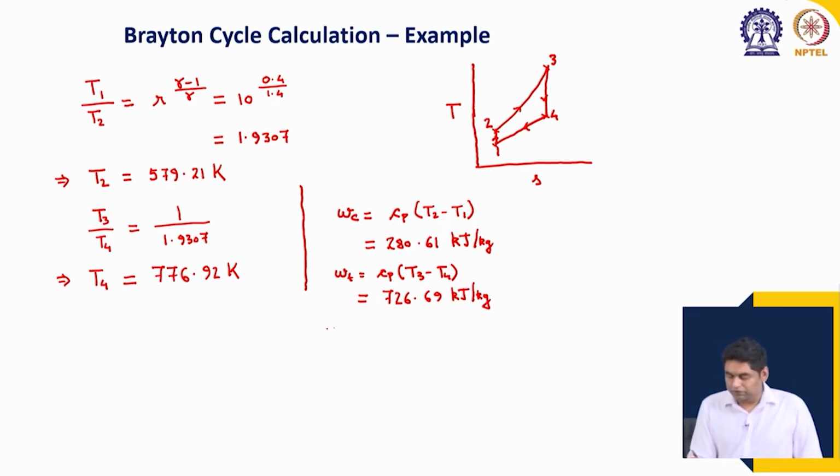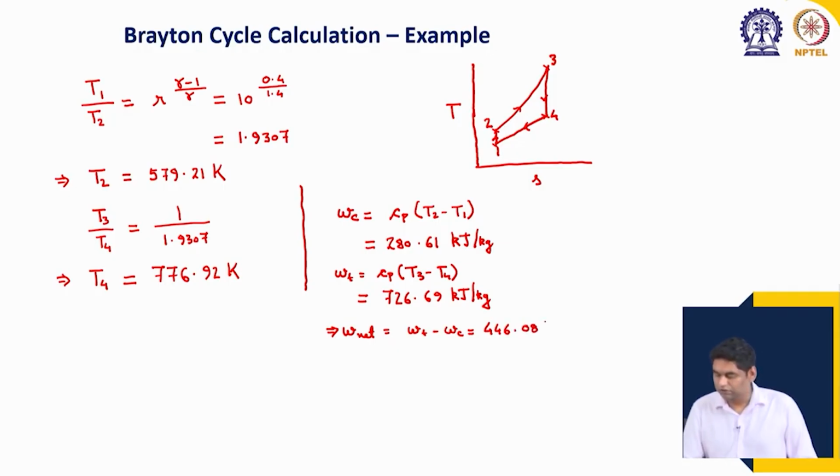So, net work output in that case is equal to Wt minus Wc, which gives us a value of 446.08 kilojoule per kg. This is one of the answers, the net specific work output per unit mass flow rate. Then the efficiency, for efficiency we also need the value of Q in.